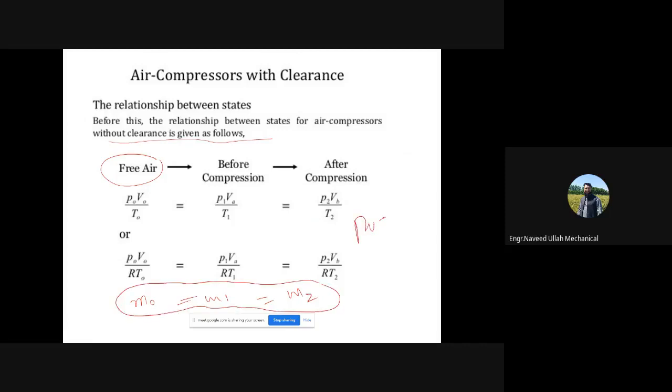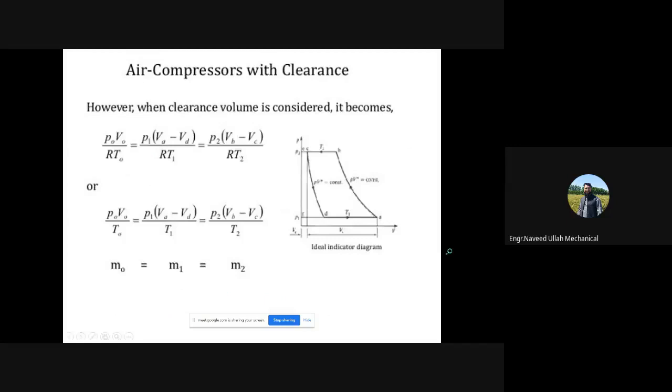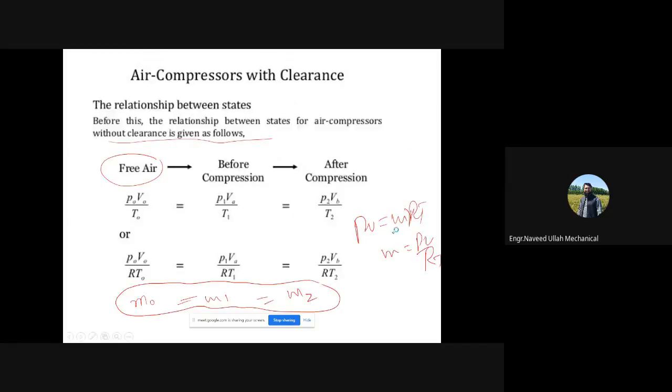Because PV is equal to MRT, so M is equal to PV over RT, right? So here you can see that P0 V0 will be RT0. P1 VA RT1, P2 VB RT2. This was for without clearance.